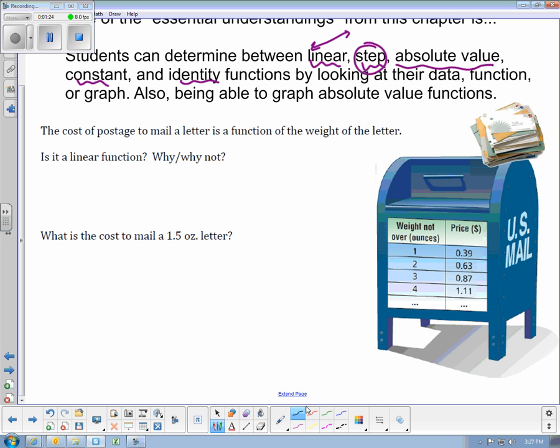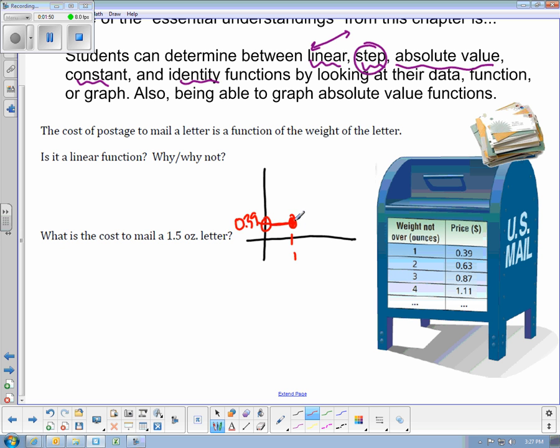So if we were to draw a rough sketch of what this graph might look like: when I'm at 0 to 1 ounce, I'm at 39 cents. Obviously, you're not going to mail a letter that's 0 ounces. So over at 1 ounce, I have a filled in point here, and anything in between is going to be 39 cents.